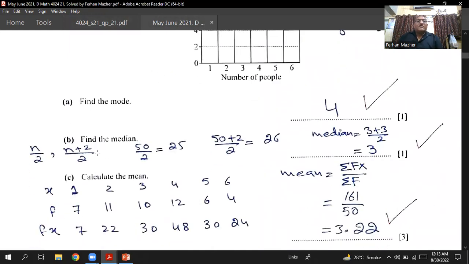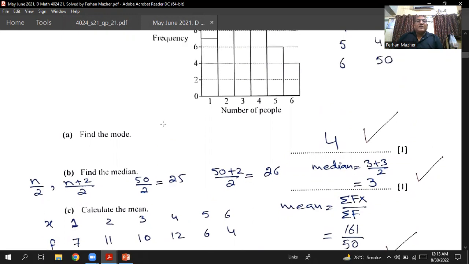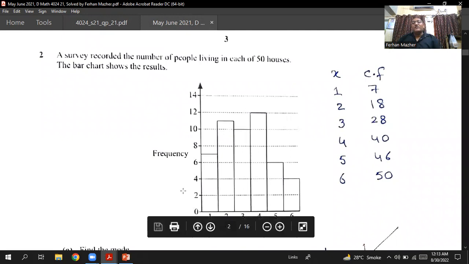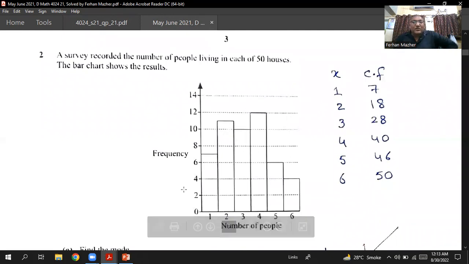Then the question is find the median. If you want to find the median, it is very simple. We have to first find the CF, the cumulative frequency. For the x value 1, the first frequency will come as it is, that is 7. For 2, the cumulative frequency will be 7 plus 11, that will be 18.